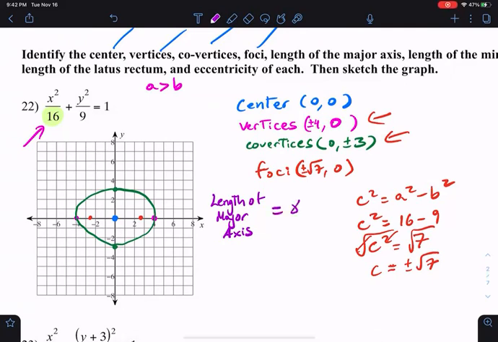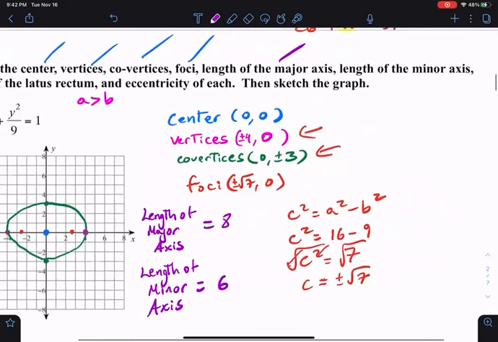So 8 units. Length of the minor axis now, right? What is the length of the minor axis? It's the distance from one co-vertex to the other co-vertex. So that's negative 3 to 3, that's 6. Yes, so you finish length of the minor axis, you're done with that.